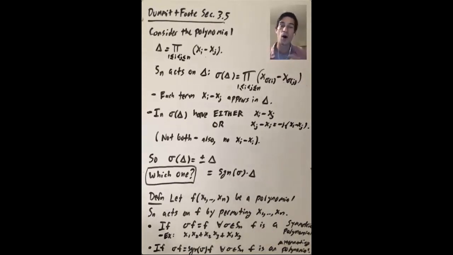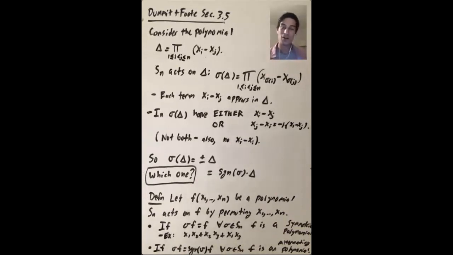And these show up all over the place in algebraic aspects of combinatorics and algebraic geometry. For example, if you have 3 variables, you could have something like x1x2 plus x2x3 plus x1x3. Any permutation you apply in S3, you're going to get back exactly this polynomial.